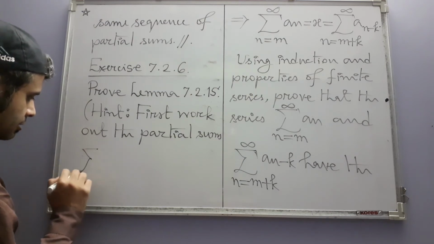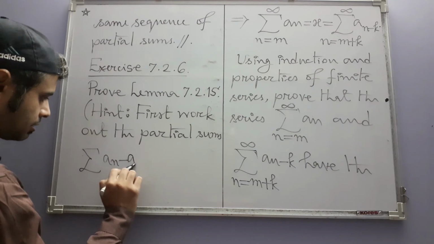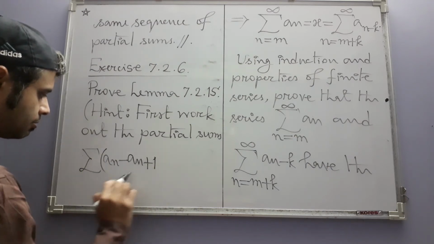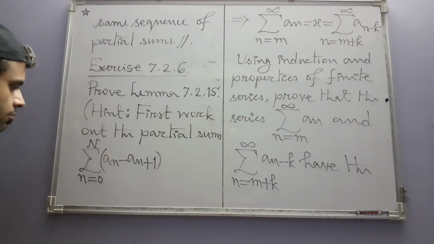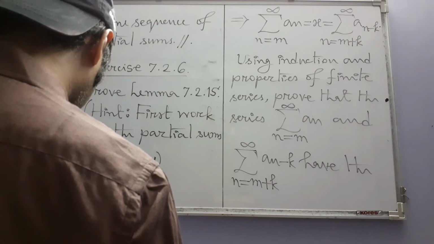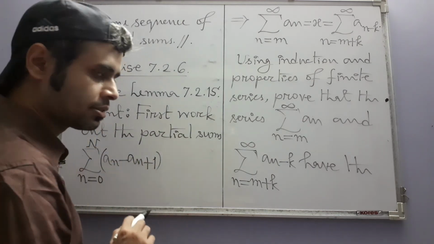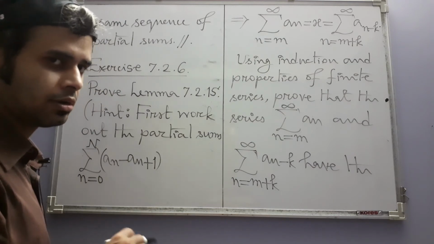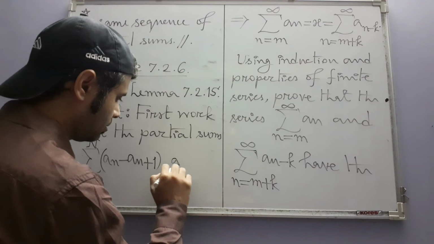But I can change the way I write the sentence: the sum of a n minus a n plus 1, where n varies from 0 to n. So you work out these partial sums and prove your assertion by induction. So whatever you guess these partial sums should be, you have to prove that guess by induction.